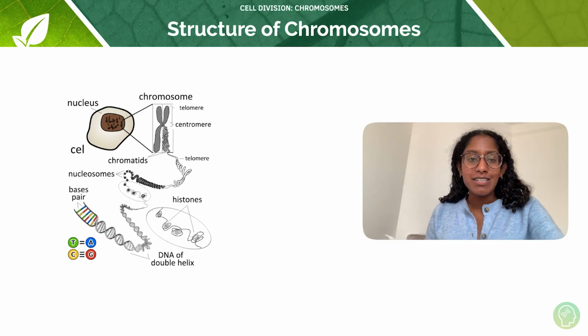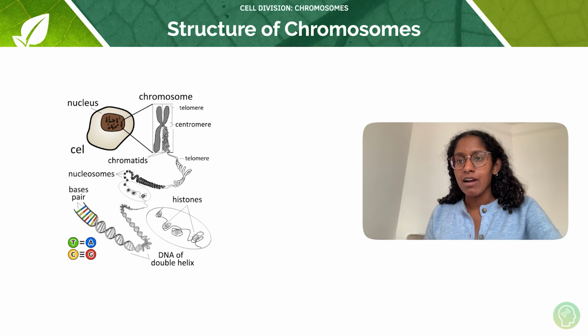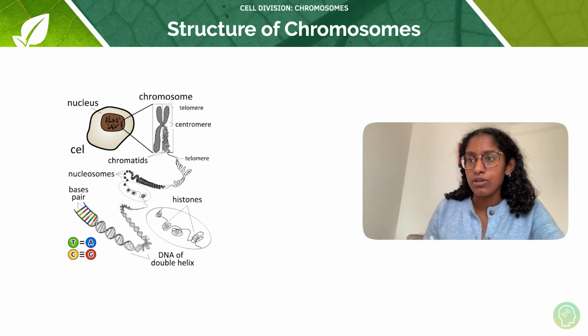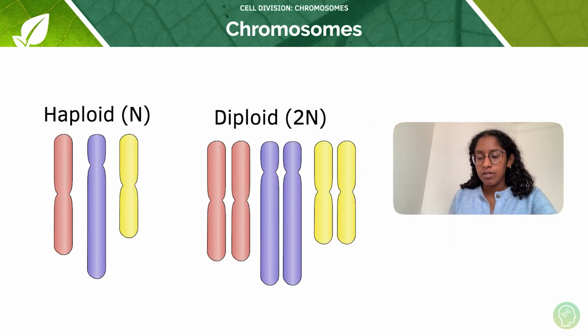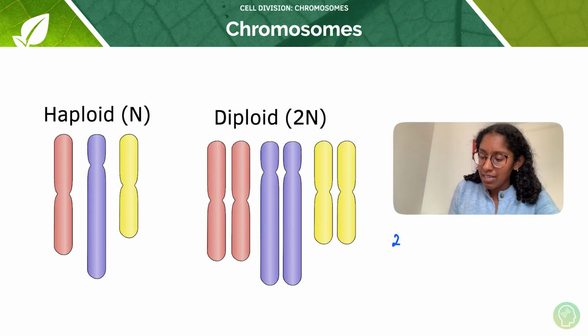So in humans, DNA in cells is wrapped around proteins called histones, which results in a structure called chromatin. And this chromatin is then tightly wound to form the chromosome. Now, humans have 23 different chromosomes which exist in pairs, which means that they have 23 pairs from chromosome number 1, chromosome number 2, down to chromosome number 23.